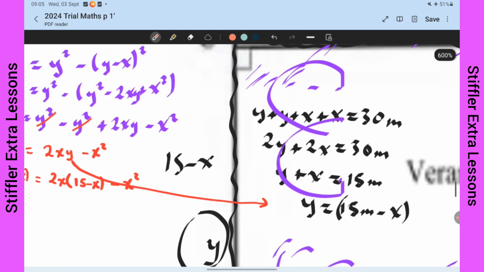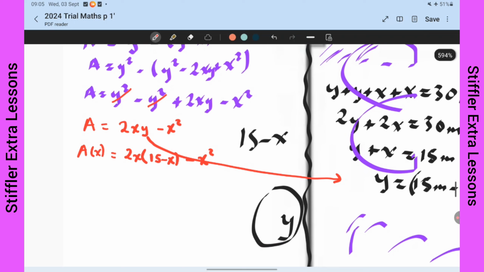So let's deal with what's inside. So now our area in terms of X becomes this multiplied by that will give us 30X, and this multiplied by that will give us negative 2X squared, and then again we have our negative X squared there.